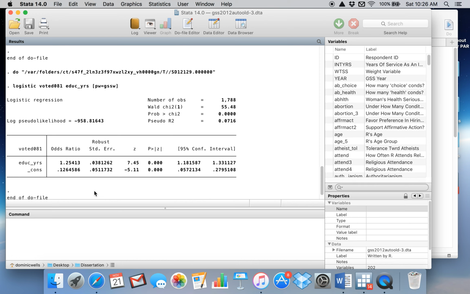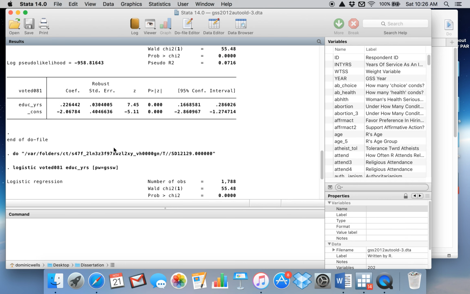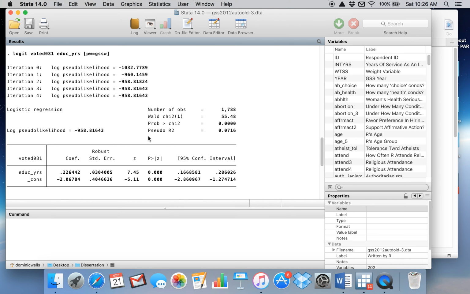So the next thing that the book wanted you to look at was iteration. So that's up here. Now, what logistic regression uses is the maximum likelihood estimator, MLE. So what Stata will do is first try to predict the observed values on the dependent variable without using any independent variables as a predictor.